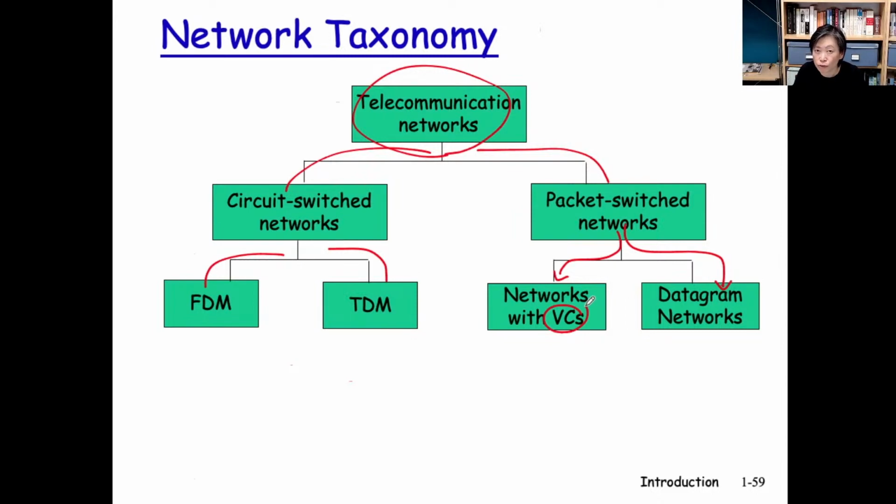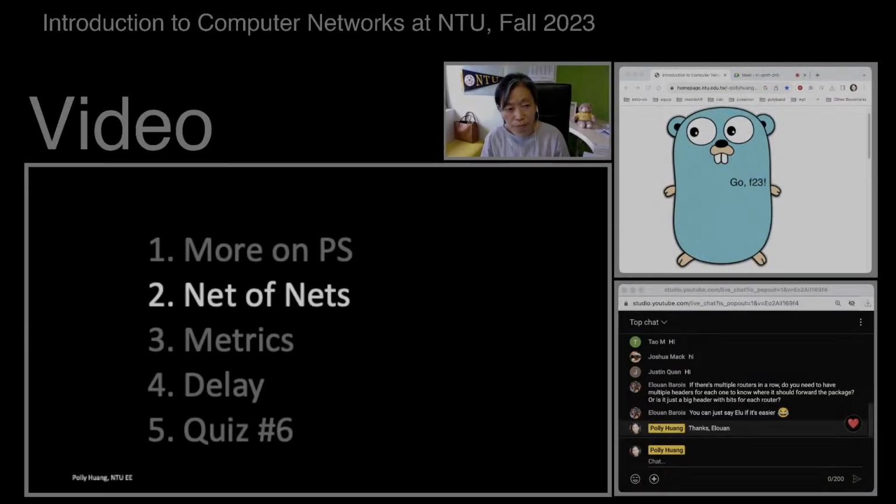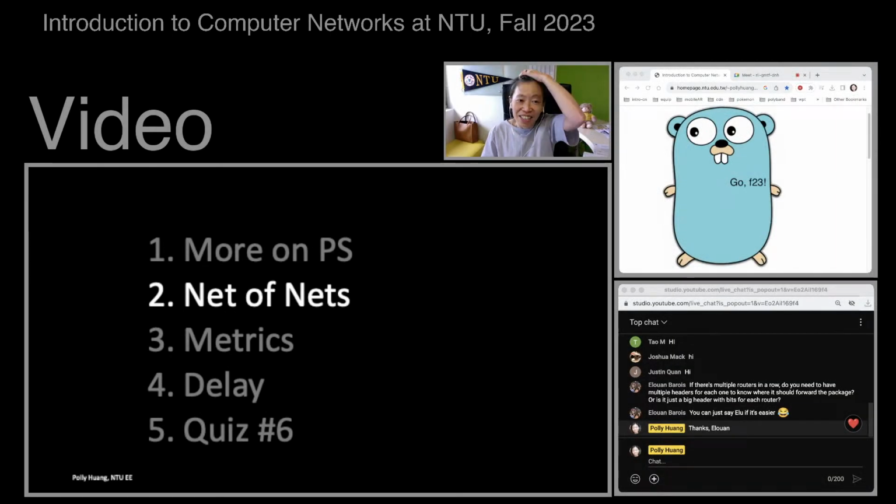Packet switching versus circuit switching. All right, so that's the end of packet switching versus circuit switching. We'll have to talk about one more thing, because the internet is a network of networks. The next two videos coming up are to give you a visual sense of how the internet looked like.